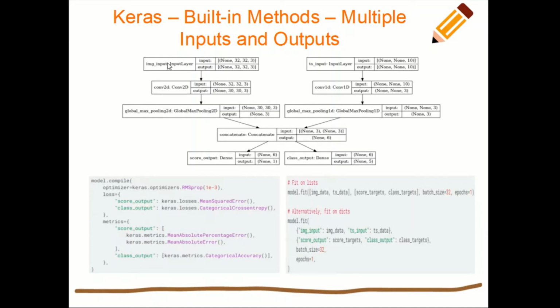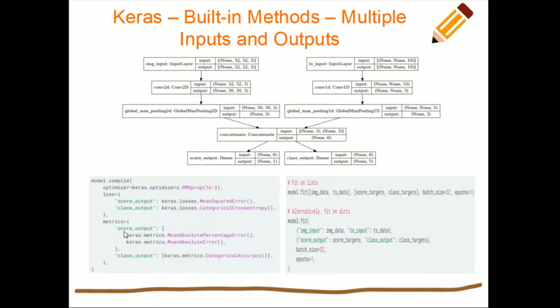So here this particular data, image input and time series input, both are given as a list, and even the labels are given as a list in this particular case. Okay, and during the compilation we can declare different loss functions for different outputs. So in this particular case we are using the mean squared error for the score output. For the class output we are using the categorical cross entropy.